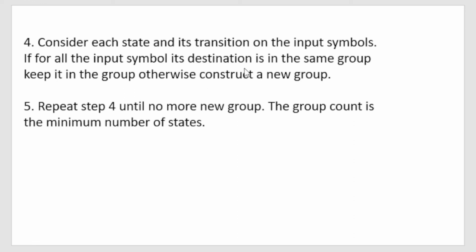If for all the input symbols its destination is in the same group, then keep it in the same group, otherwise construct a new group with a different name. Fifth step is to repeat step 4 until no more new groups are generated. The total number of groups is the minimum number of states required to construct the finite state automaton.